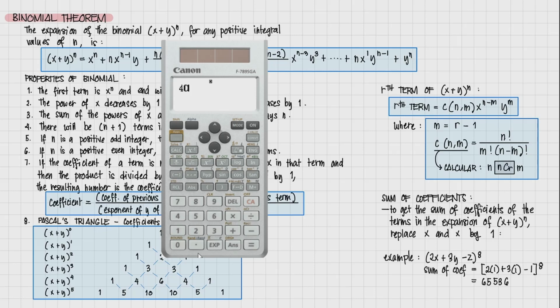So let's say your m is 5. Then you just click, oops, this is supposed to be less, that is 3. And then you just click the equal sign, and then you'd get it. So we'll have more examples later using this.